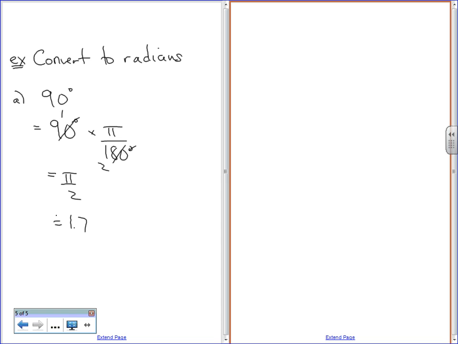So get to know your calculator. If I wanted to change 135 degrees into radians, what I would do is multiply it by the conversion factor.